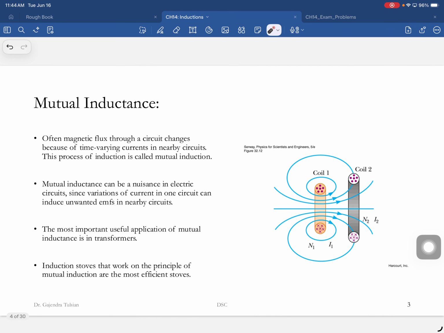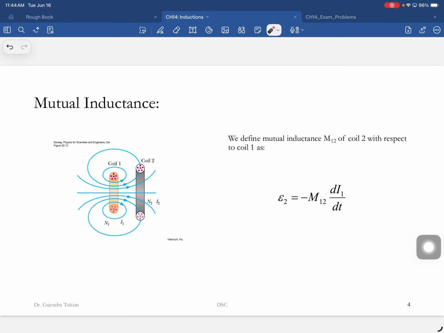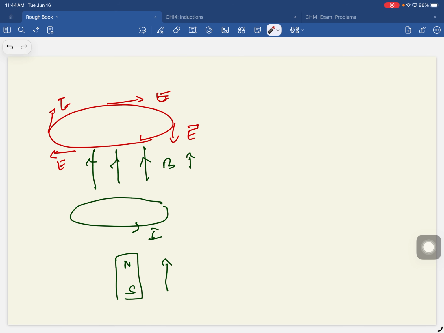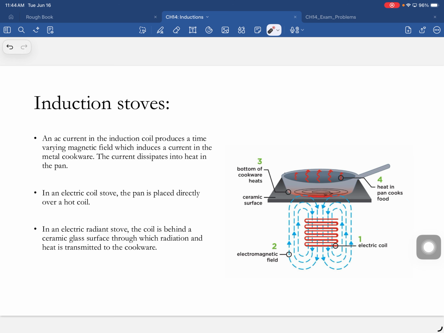Okay. So let me start off with an application. You guys might have heard of induction stoves. So here's a coil, just like I said here. You apply an AC current to this. So this is producing a changing magnetic field, which will induce an electric field here.